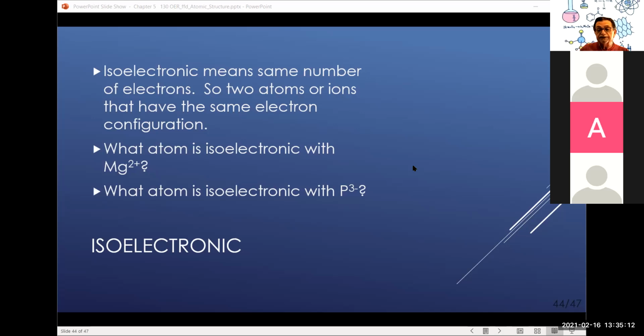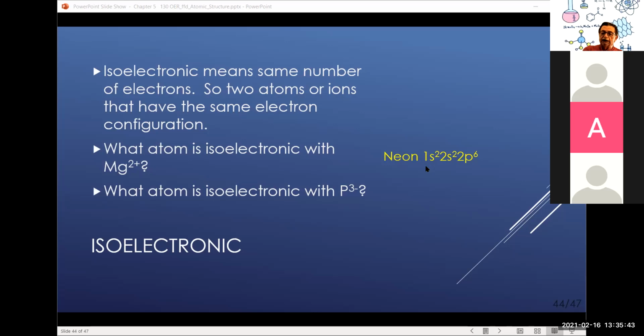We are having the same number of electrons only. So group 7 elements or anions have gained 1 electron, so now they are isoelectronic with the noble gases in front. Fluorine, for example, by gaining 1 electron, now has 10 electrons, which is what neon has. So it's isoelectronic with neon.